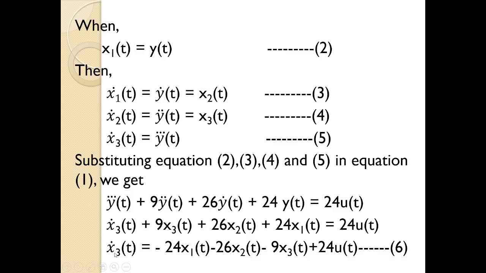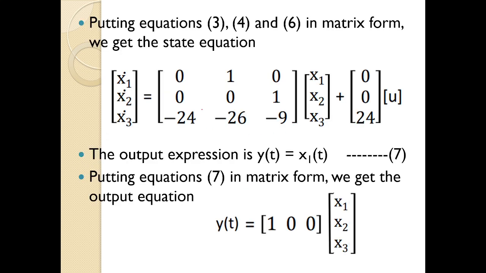Now let us write down equations 3, 4 and 6 in matrix form. In matrix form, you will get x1 dot of t, x2 dot of t, x3 dot of t. I have not written t here. If you want, you can write t here.